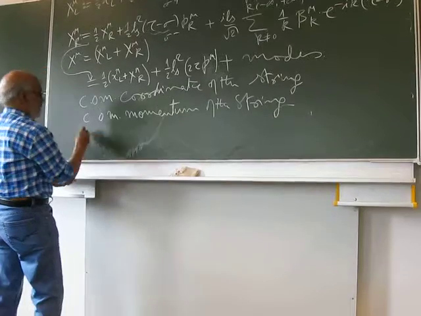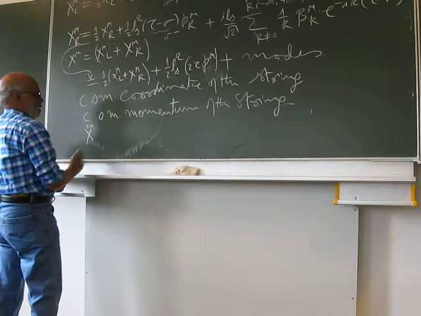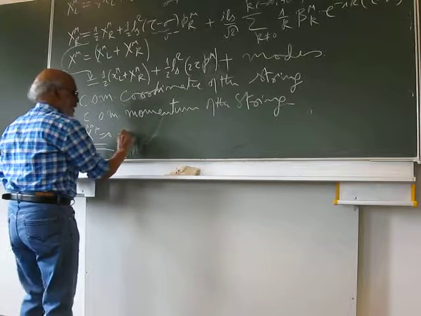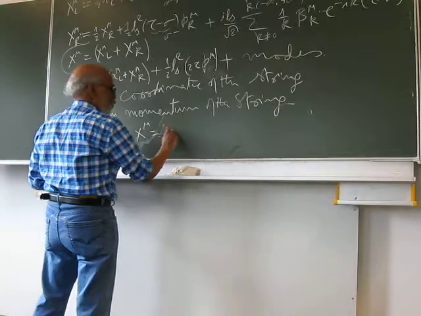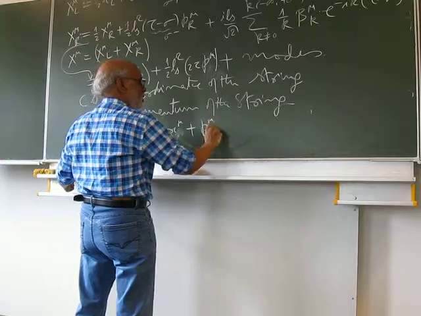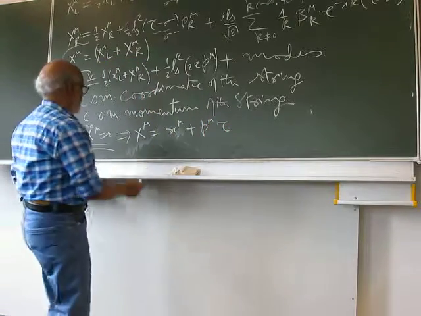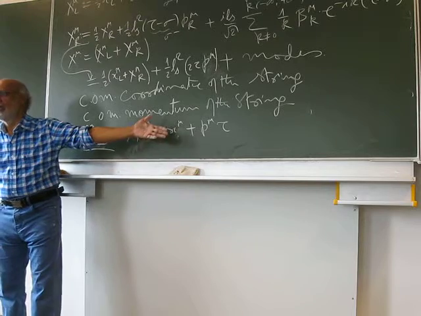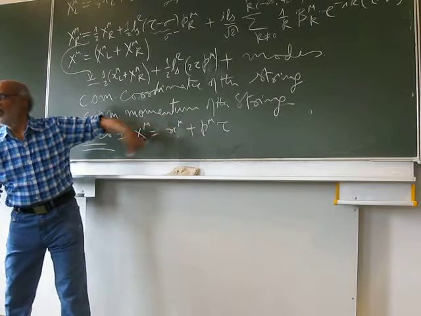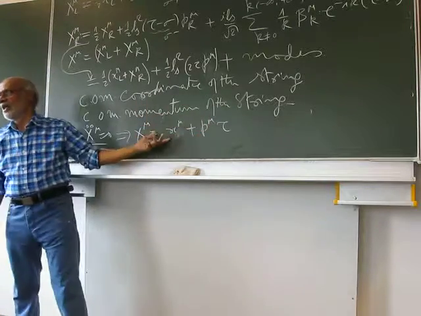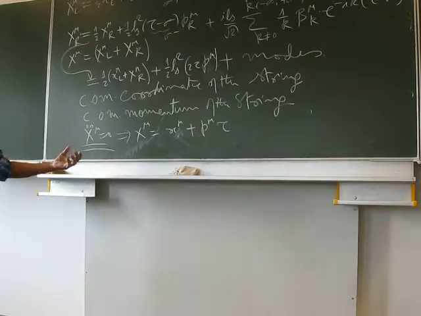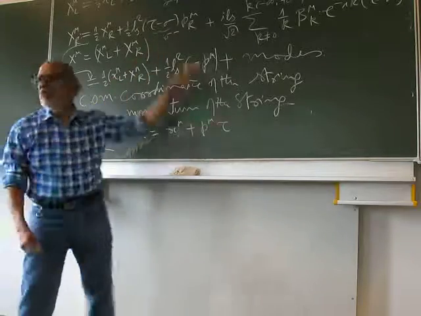Actually, if you solve an equation of the type x double dot mu equal to 0, it would imply x mu equal to some x mu plus p mu tau, just the equation of motion of a free particle. You integrate it first, you get p mu. You integrate it a second time, you get p mu into tau plus another constant. So x mu, p mu are essentially constants of integration here, but physically they represent the center of mass coordinate and center of mass momentum of the string.